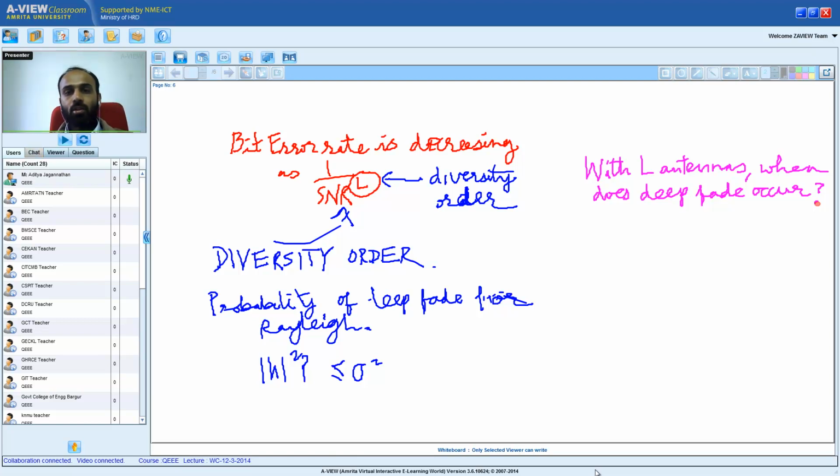Can someone explain when the deep fade event occurs in a wireless communication system with L antennas?